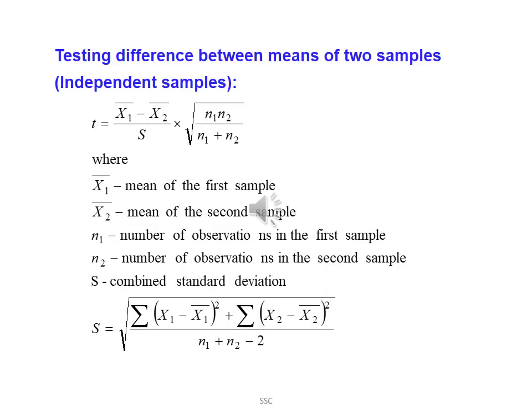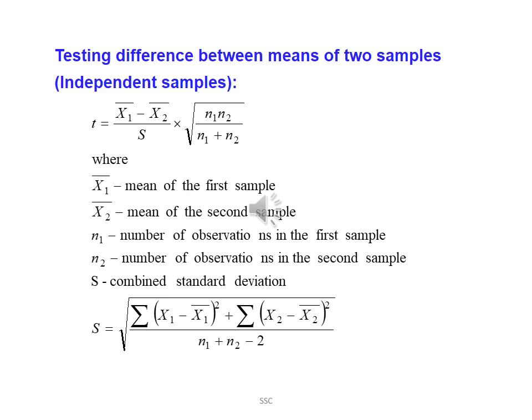Testing the difference between two independent samples. The formula is x bar 1 minus x bar 2 divided by s into the square root of n1 into n2 divided by n1 plus n2. Here x bar 1 and x bar 2 are the means of the first and second sample respectively, and n1 and n2 are the numbers of observations. S is the combined standard deviation.